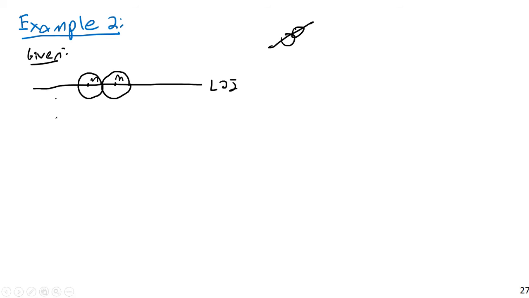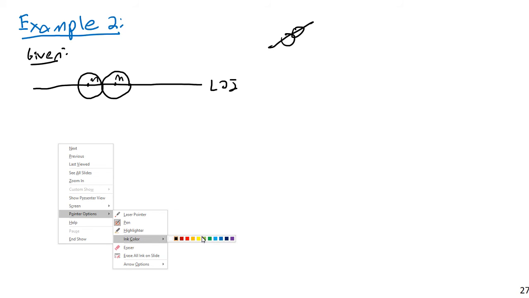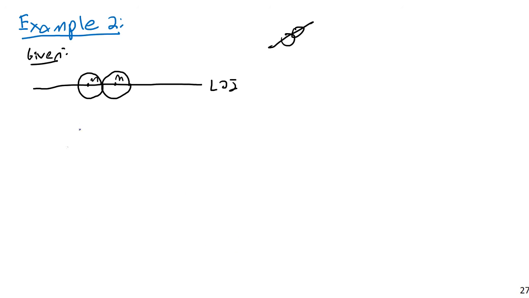So I have two spheres, each with the same mass, but different velocities. This one will have a VA of 30 feet per second, and VB is 40 feet per second.